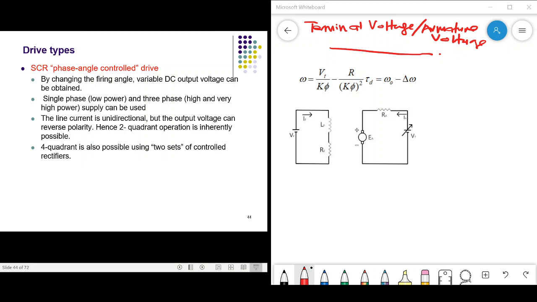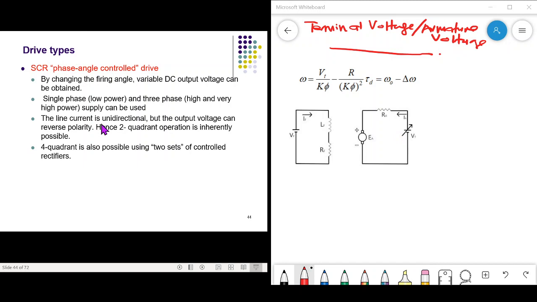This is the SCR or phase angle control drive. By changing the firing angle, the variable DC output voltage can be obtained. It means that we connect the rectifier at the terminal voltage, so we want to control this terminal voltage by the controlled rectifier.